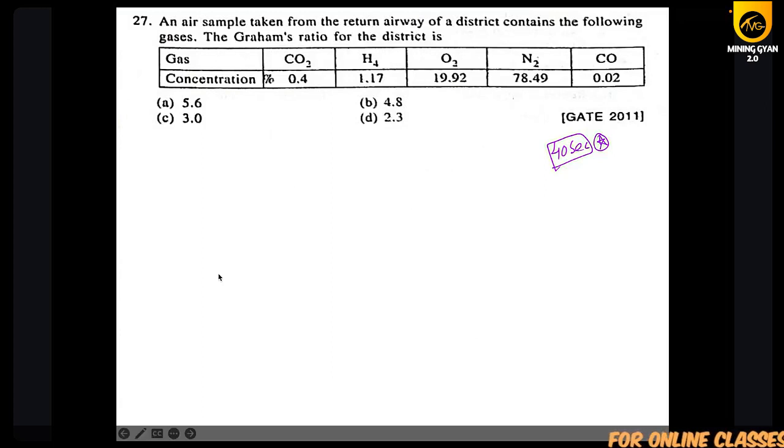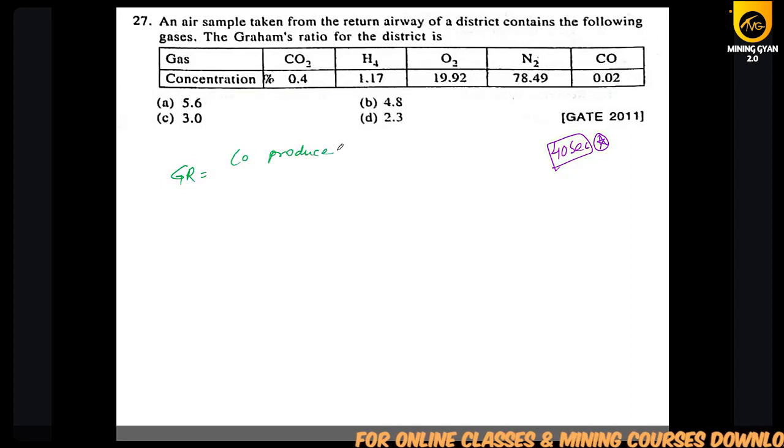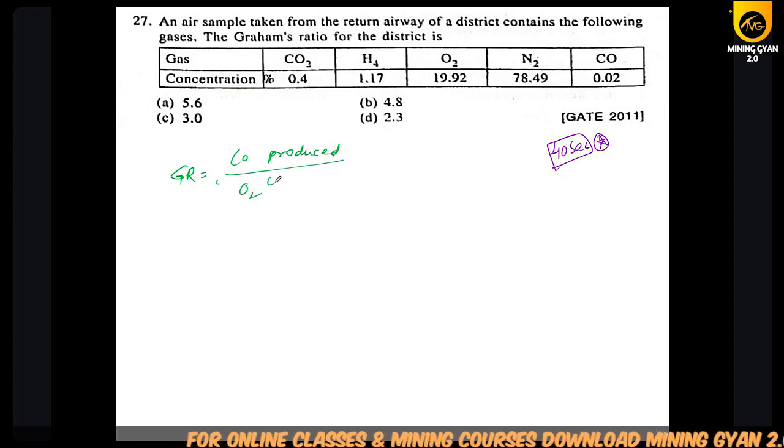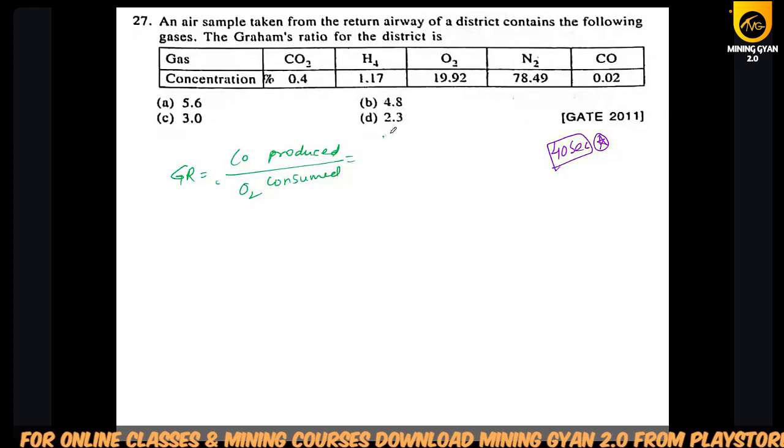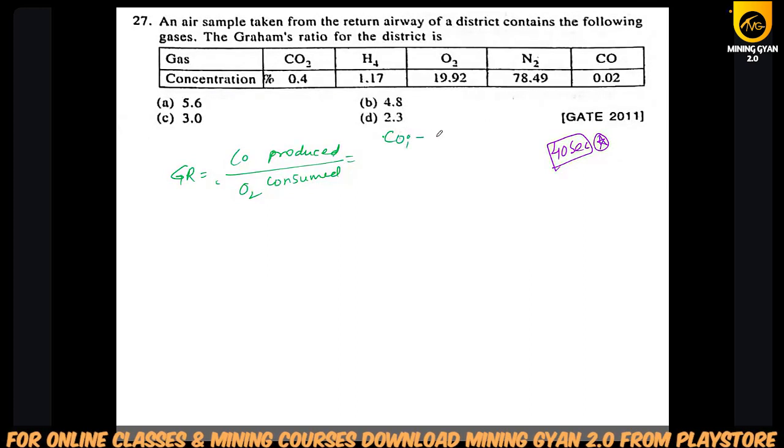So what is the Graham ratio formula? CO produced divided by O2 consumed. CO produced, that means CO final minus CO initial.